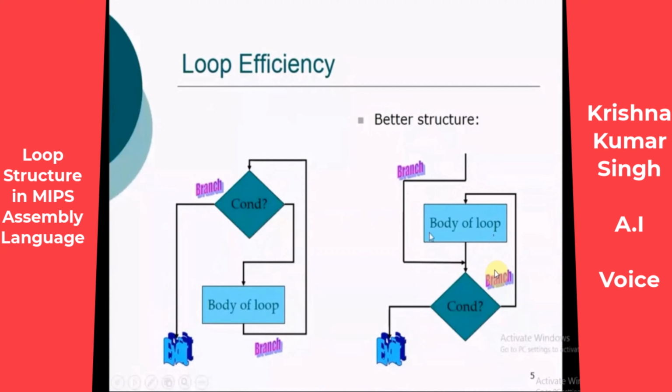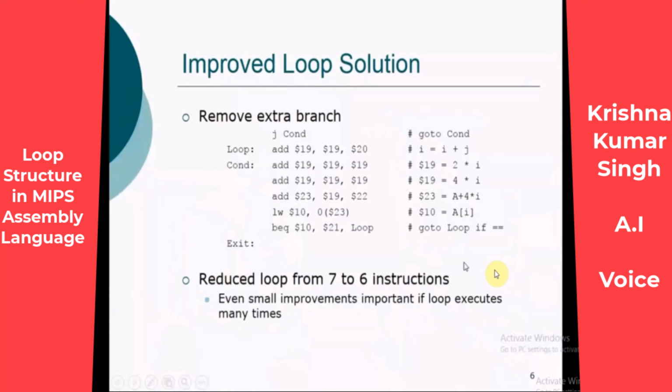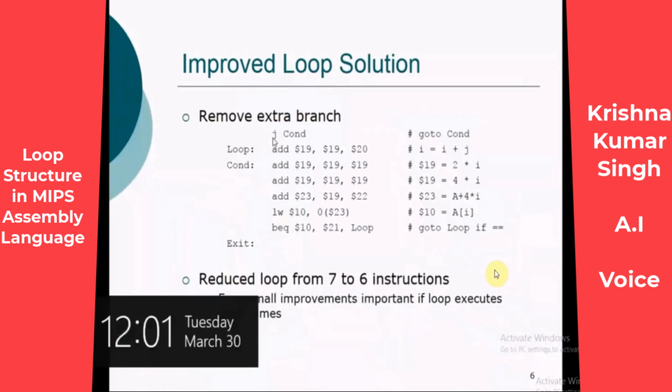When we enter this location, we automatically jump to the condition. Here we compute the condition. And this time we say that if they are equal, a index 1 and k are equal, come to the loop and perform the i equals i plus j and do it again.